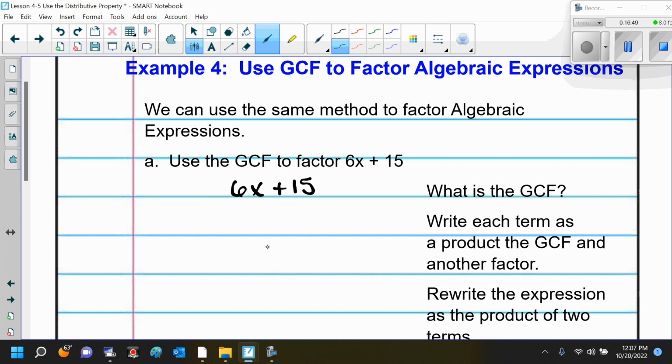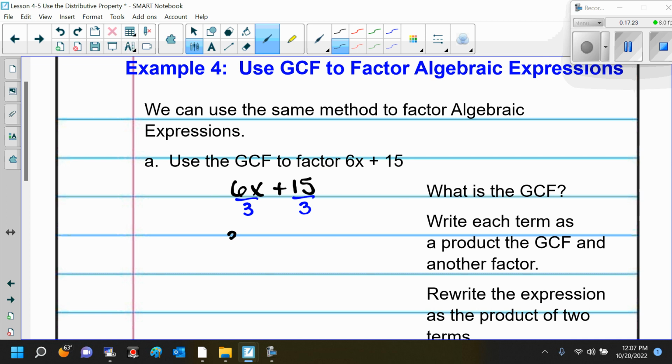So, first thing you want to ask yourself, and because you only have a variable in one term, you only have to look at the numbers, okay? So, what is the greatest common factor of 6 and 15? 3. Very good. So that means 6 and 15, the GCF is 3. So that means we want to divide 3 out of both terms, okay? So now we rewrite.